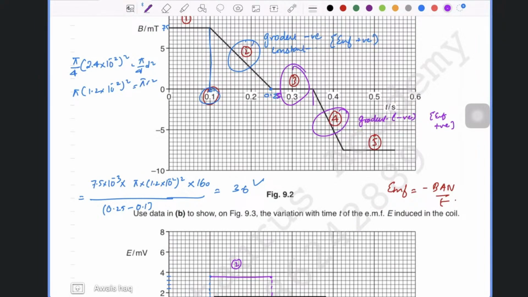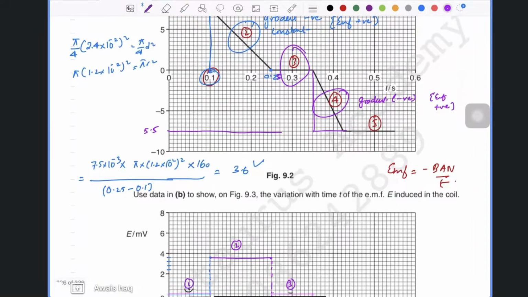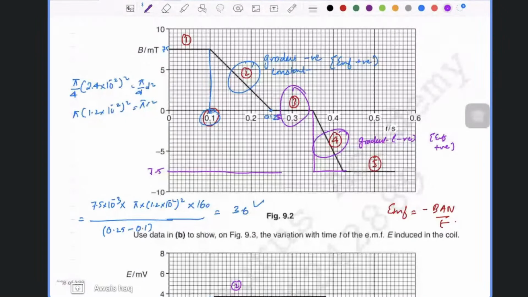Now let's find the change. The change is from this point to this point, which is basically 5.5. Sorry, 7.5. Isn't it the same value? Well, let's check it.